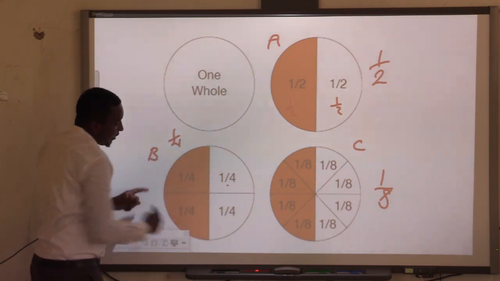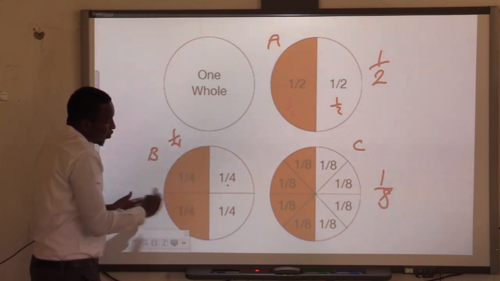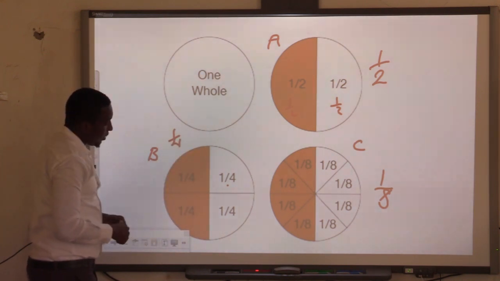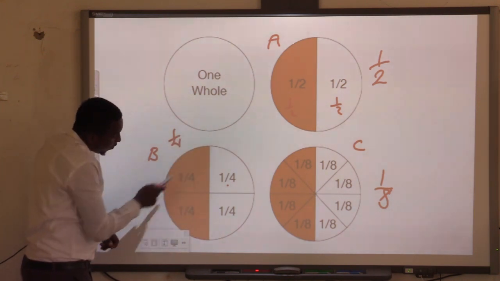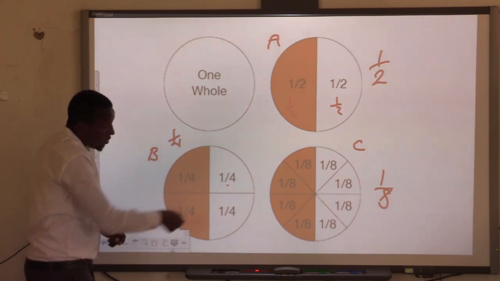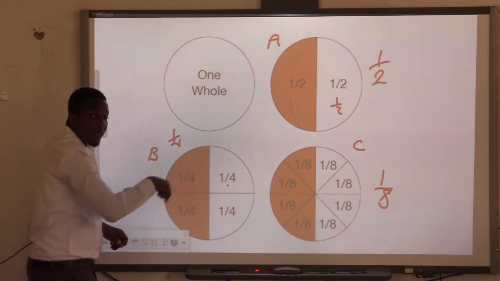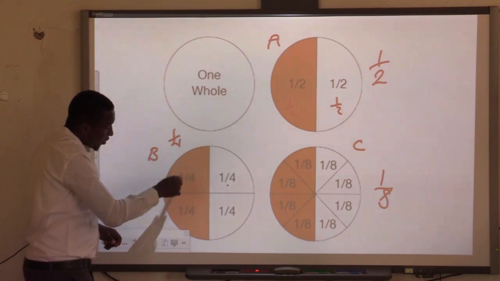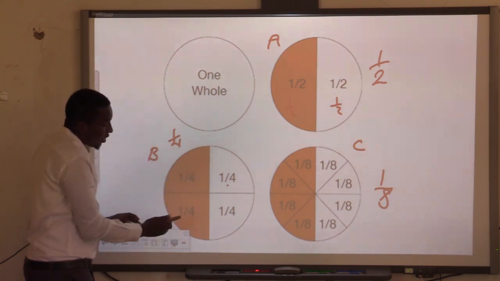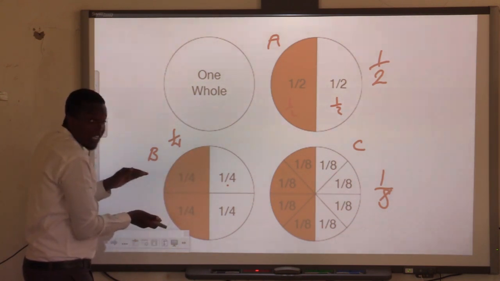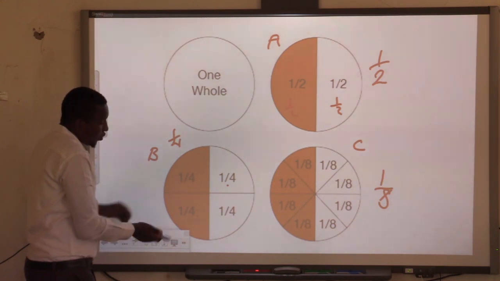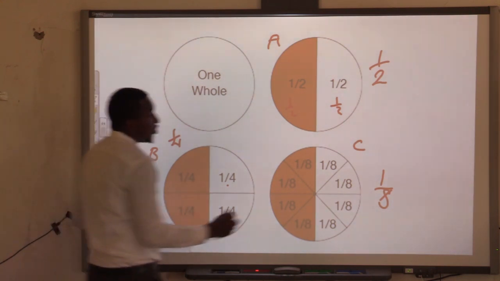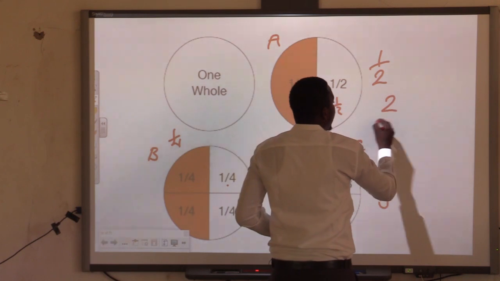If you look at circle B, the part that is colored orange is 1 over 4 and 1 over 4. Remember, the circle is divided into 4 equal parts. So 1/4, 1/4, that is 2 1/4s are colored orange in the circle. So we have 2 1 over 4s, that is going to give us 2 all over 4.